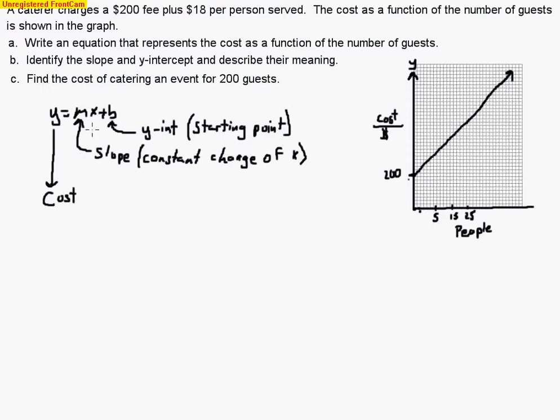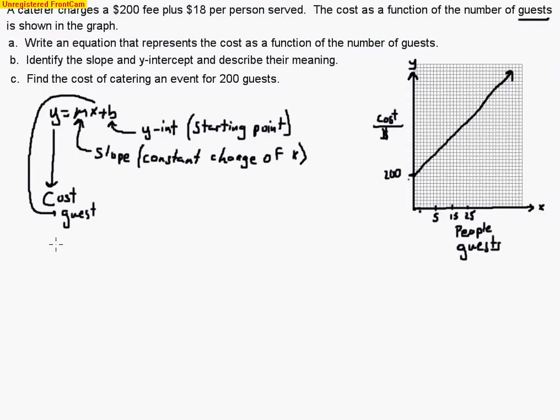And then in place of this x, I'm going to use what the axis tells me. So this is typically my x-axis. I'm going to call this people, or in the problem they use the word guests quite often. So I'm going to change that to guests. And so I'm going to write down G for guests. And again, you don't need to use x and y. You could use c and g like I'm going to do.